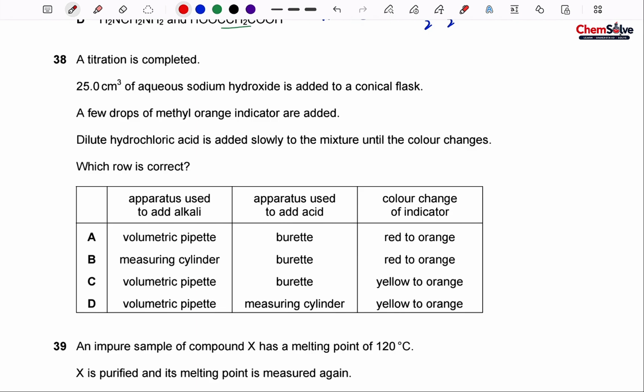So what do we need to add 25 cm cube of the aqueous sodium hydroxide? Of course we need a volumetric pipette here. So if the option is volumetric pipette, then measuring cylinder wouldn't be the option. So option B is incorrect.